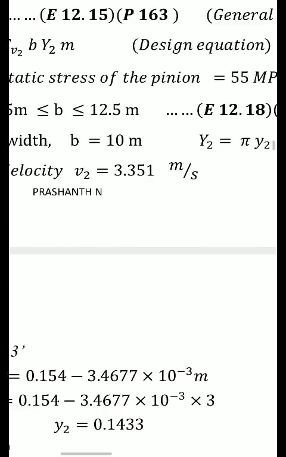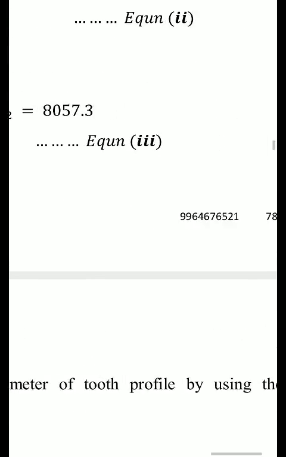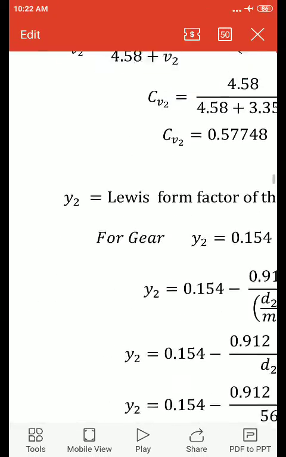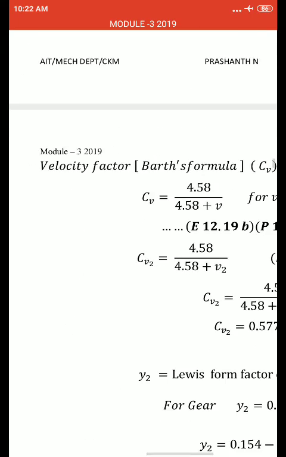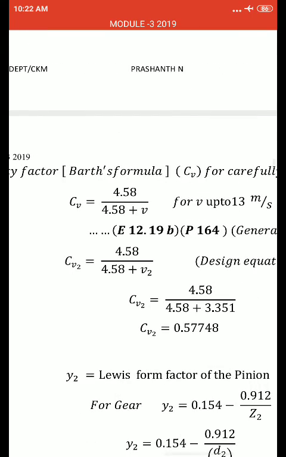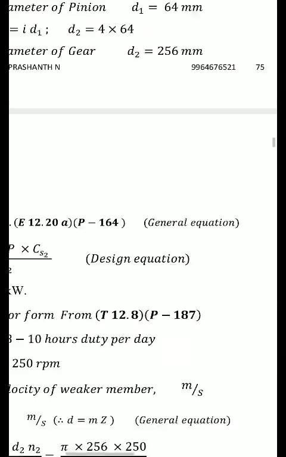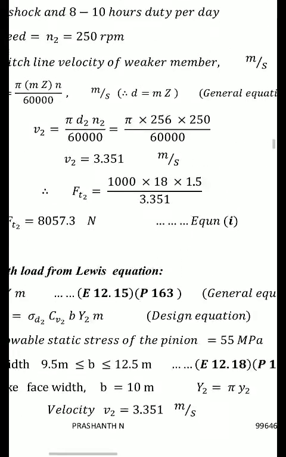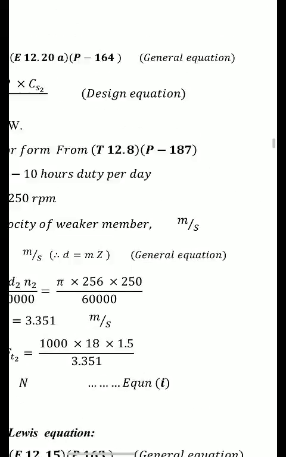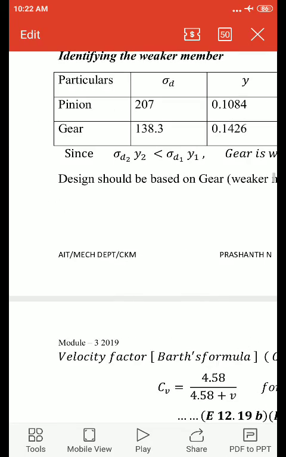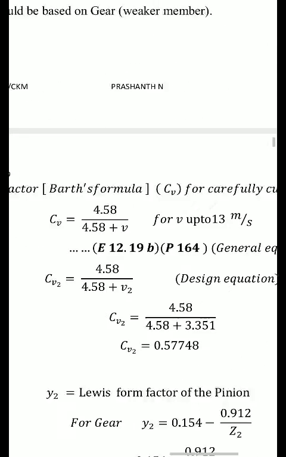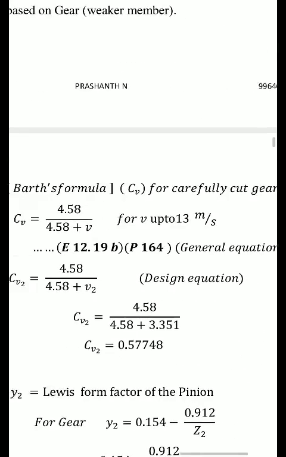And the same thing. Next we need to find out the velocity factor Cv. If v is greater than 13, what is the value of v2? 3.35. Barth's formula, Cv, carefully cut gear.